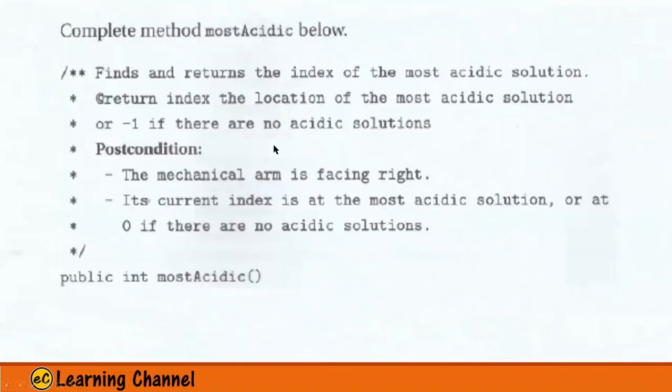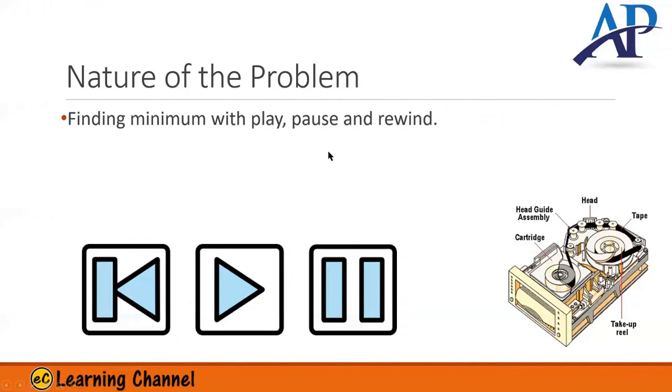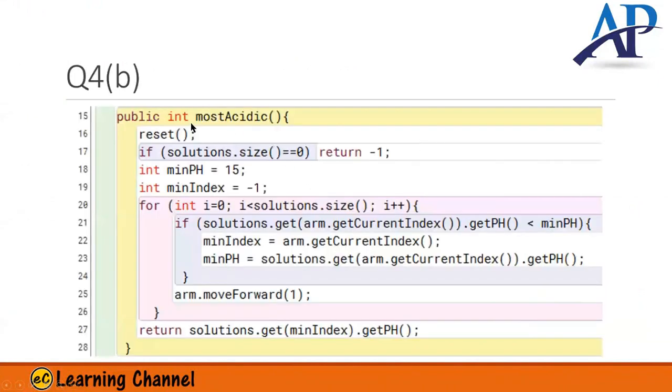So it's a finding minimum with play, pause, and rewind. Let's look at the solution. Basically, I need to reset my reading head. After that, if my size equals 0, then I return -1. There is no bottle in my experiment.